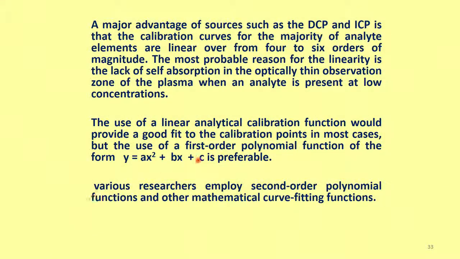So, that kind of response is possible when you have the first order polynomial function of the form y is equal to mx plus c. No, we do not want that, we want ax square plus bx plus c. So, this fits the calibration curves much better than the single straightforward linear analysis. So, many researchers also have employed second order polynomial functions and other mathematical curve fitting techniques also.